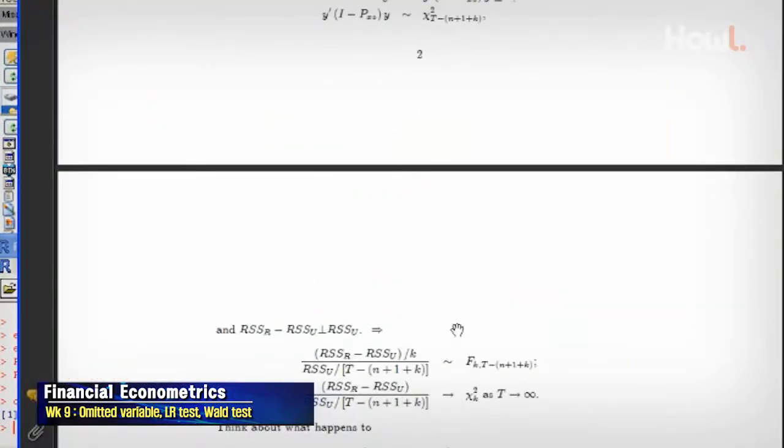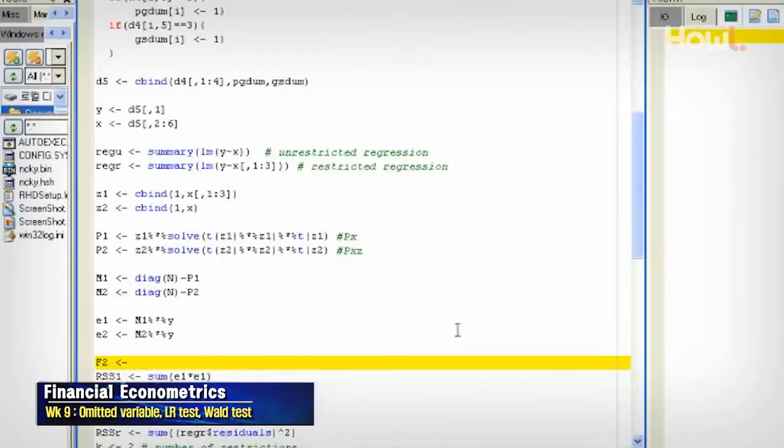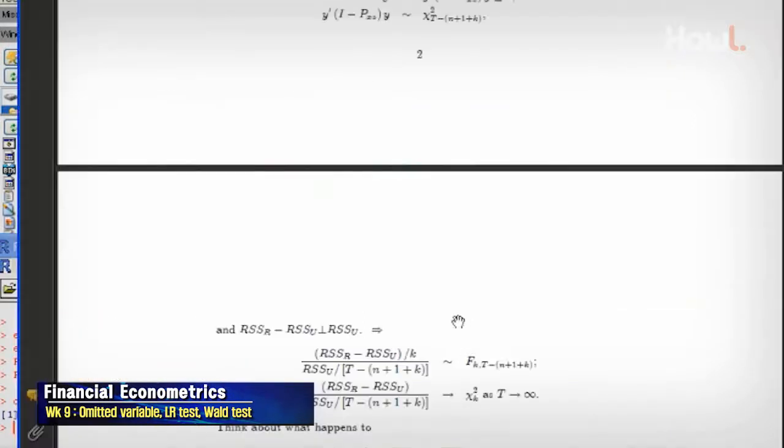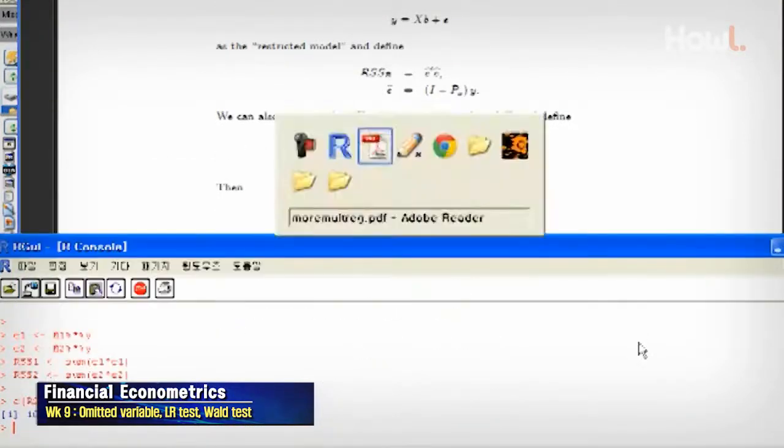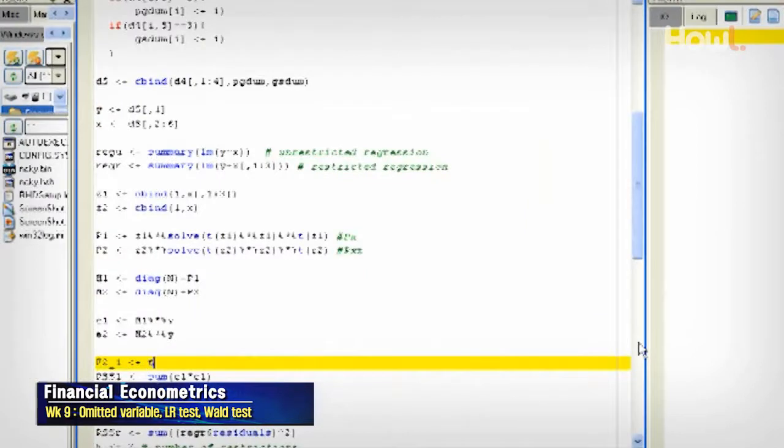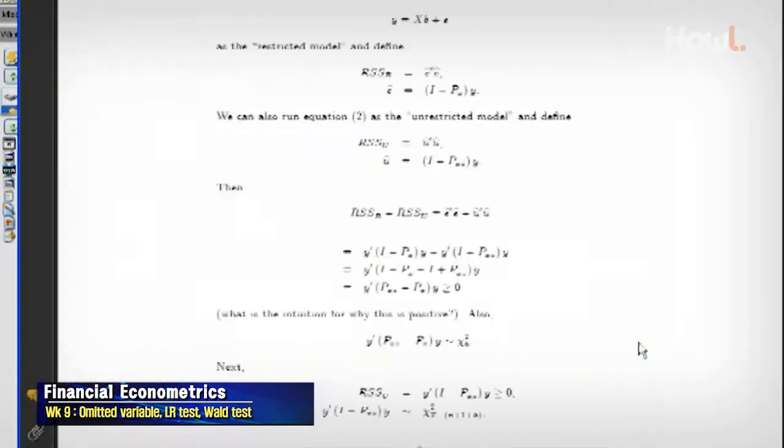This is the numerator, and RSSR minus RSSU should be equal to this one, the projection P unrestricted minus the restricted projection.